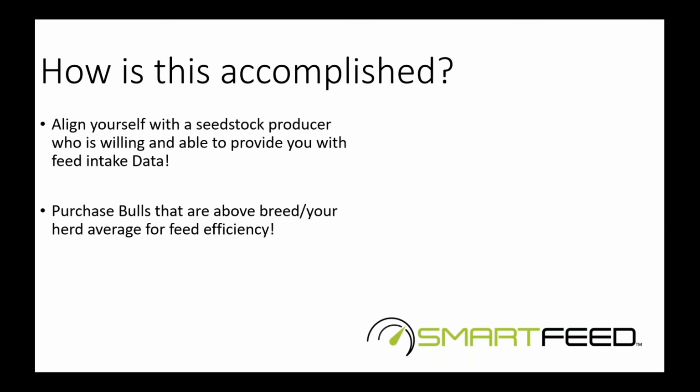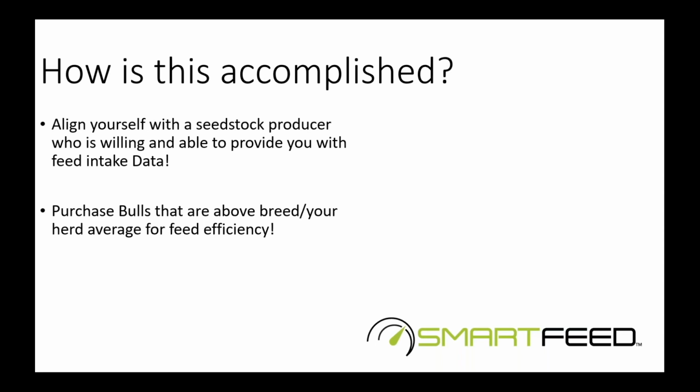However, currently we are a long ways away from that being a reality, and at this point in time, collecting actual feed intake data from sires, dams, as well as large contemporary groups of progeny is by far the most accurate way to fully understand the true efficiency of any pedigree.